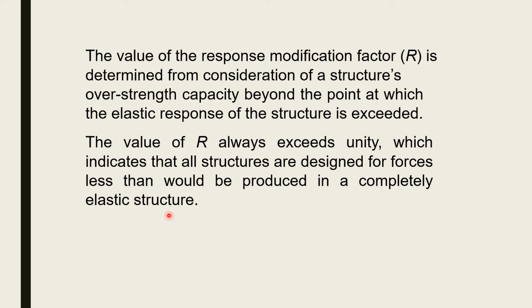For example, 800 divided by 4 reduces it to 200 kilonewton. So the response modification factor value is greater than 1. After dividing, we are going to design the member against less base shear. Why less? Because by dividing by R the value will be less.